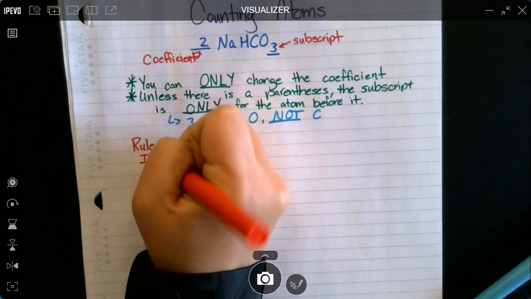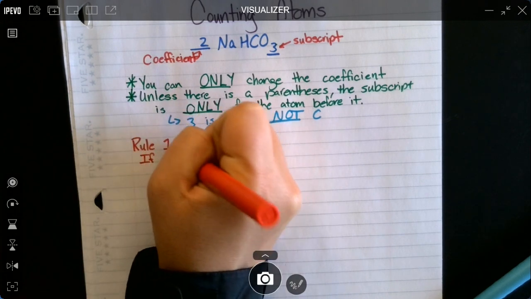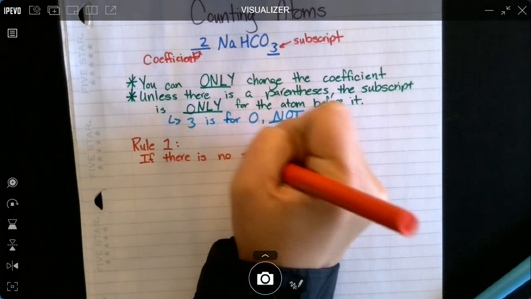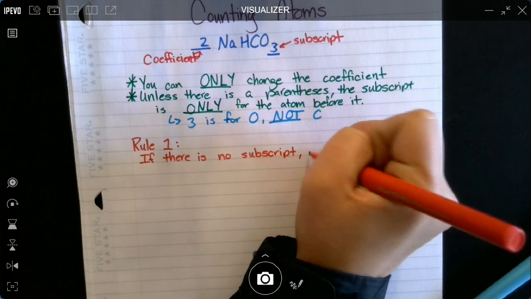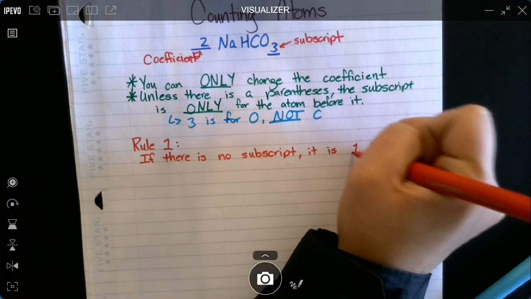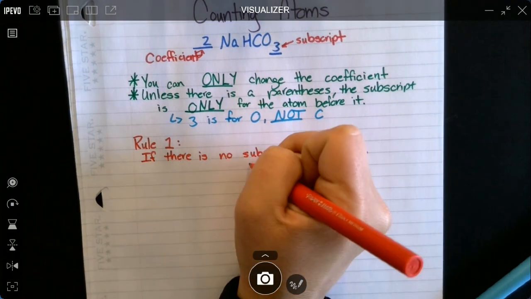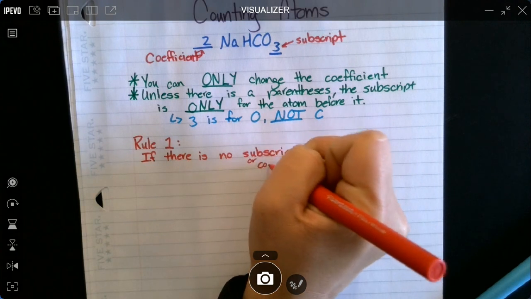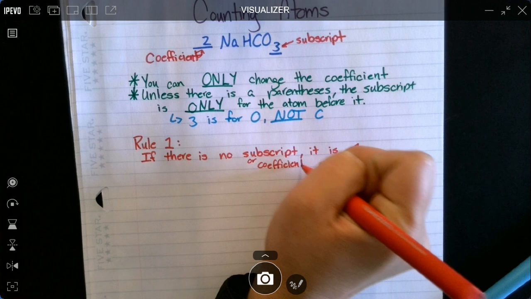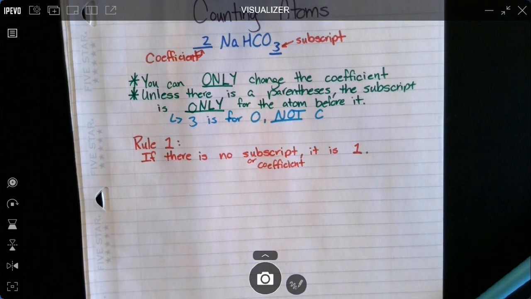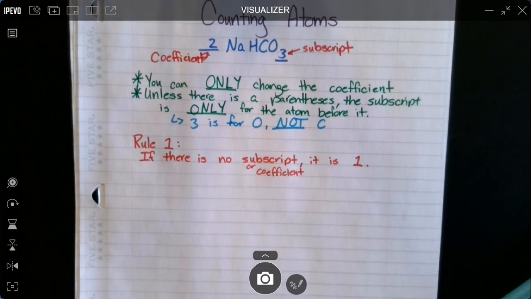If there is no subscript, it is 1. That's the same for coefficient. If there is no subscript or coefficient, it is 1. I'll show you why. It just looks really messy when you start adding ones in.